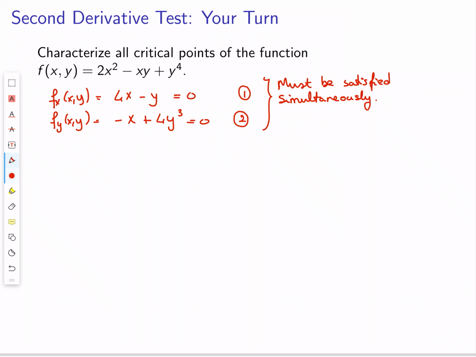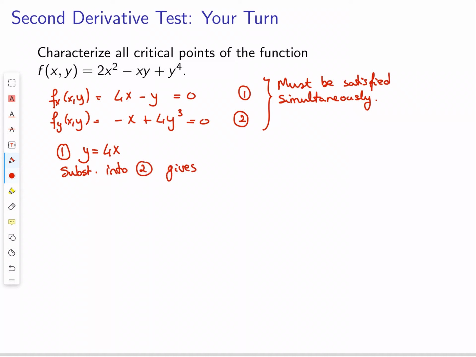So I've already found the partial derivative with respect to x and the partial derivative with respect to y. And remember that we have to have these equal to 0 simultaneously. So the first equation, I can rewrite that as y equals 4x. And then let's substitute that into the second equation.